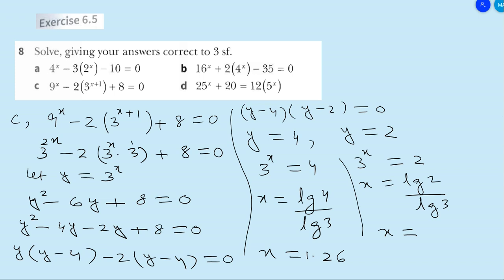From the calculator, it is 0.631. So there are two answers for x in this part C. One is 1.26 and the other is 0.631. Now move to the last part of question number 8.